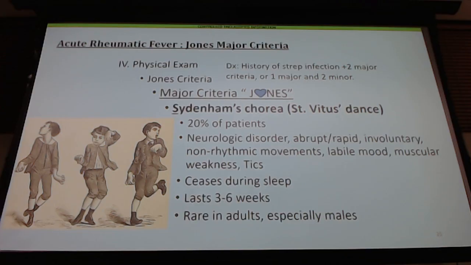I don't know if you've ever seen anybody with one of these tic kind of movement disorders, but they're just sitting there and their body's just uncontrollably twitching and moving around and everything like that. And that typically happens in at least 20% of your patients with rheumatic fever.